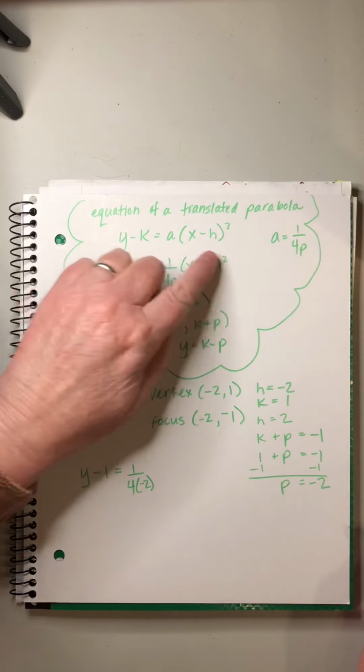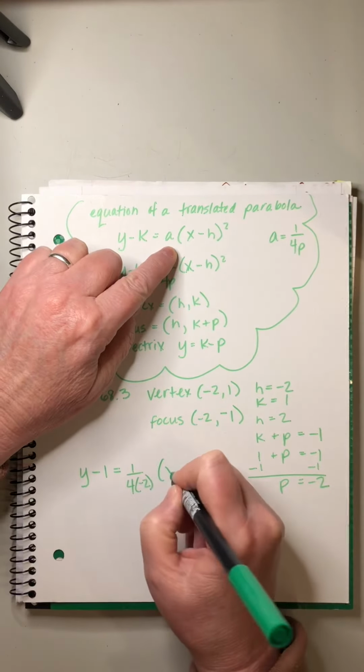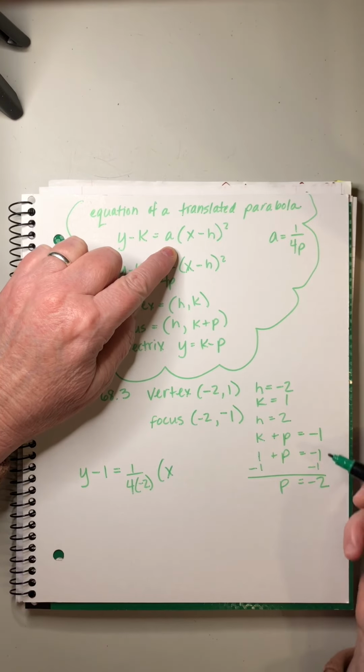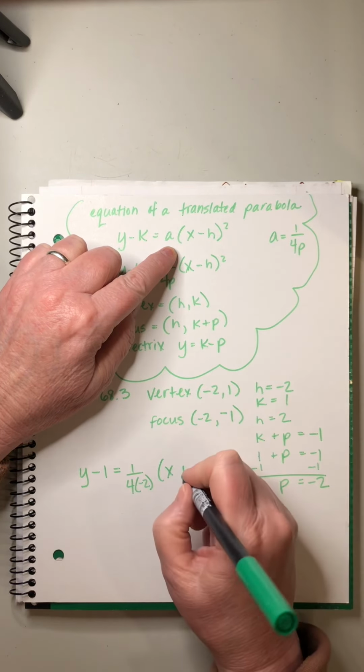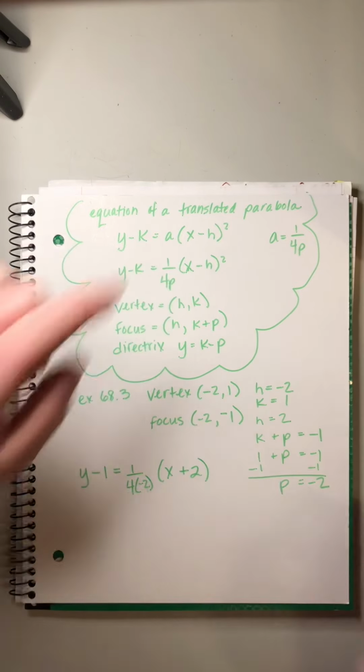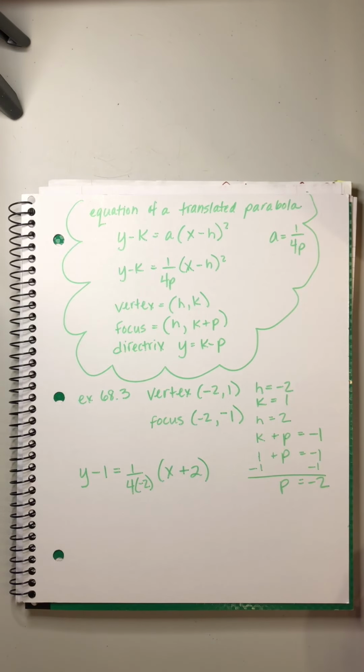I'm working on this as my base equation. (x minus h) squared, my h is -2, so it's actually going to be x plus 2, squared.